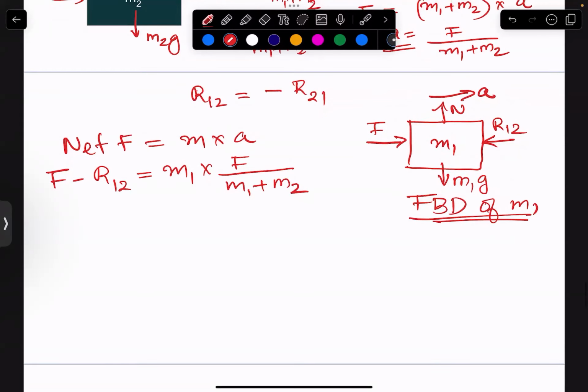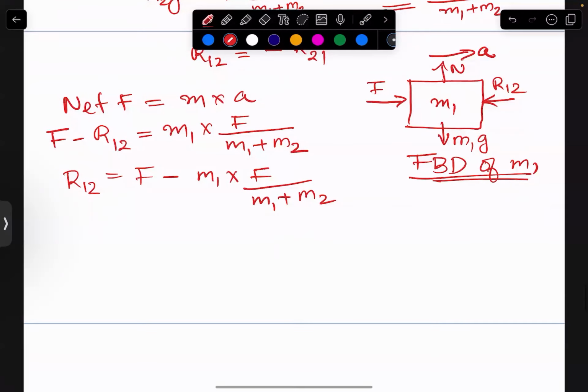Okay. Now we want to find R12. So R12 is equal to, if we take this term to this side, F minus M1 times F by M1 plus M2.